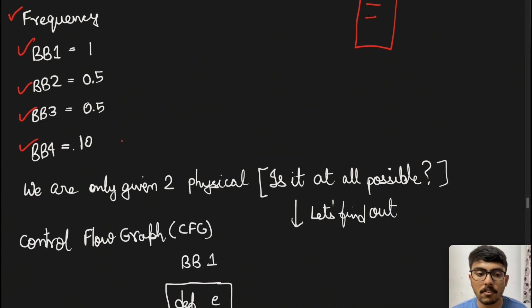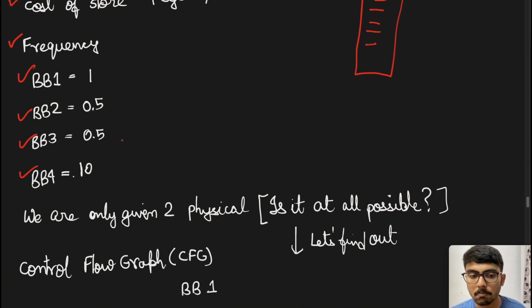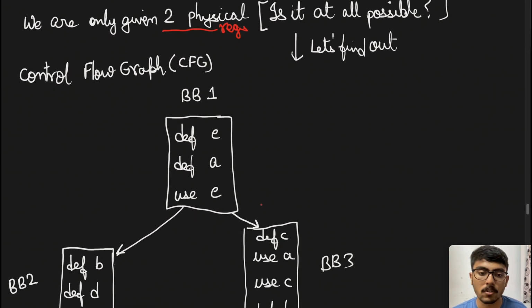Then the first thing we need to consider is that we are only given 2 physical registers. So the first thing that should come to our mind is: is it at all possible to convert our program, given in this control flow graph, to run on 2 registers?